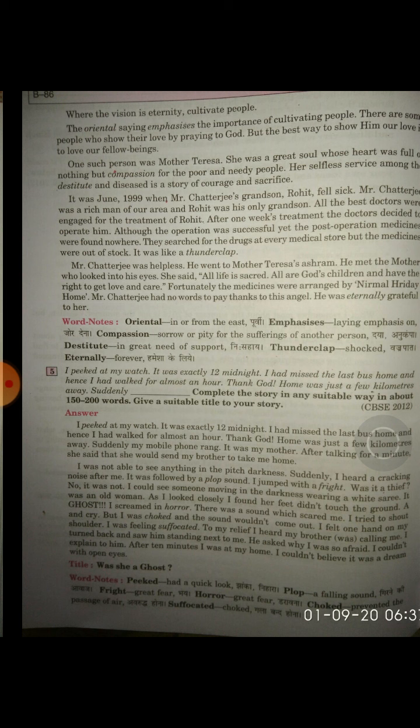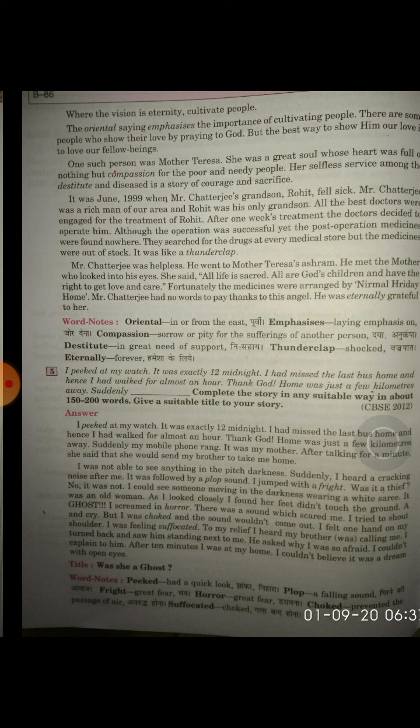As I looked closely, I found her feet did not touch the ground. A ghost? I screamed in horror. There was a sound which scared me. I tried to shout and cry, but I was choked and the sound would not come out.